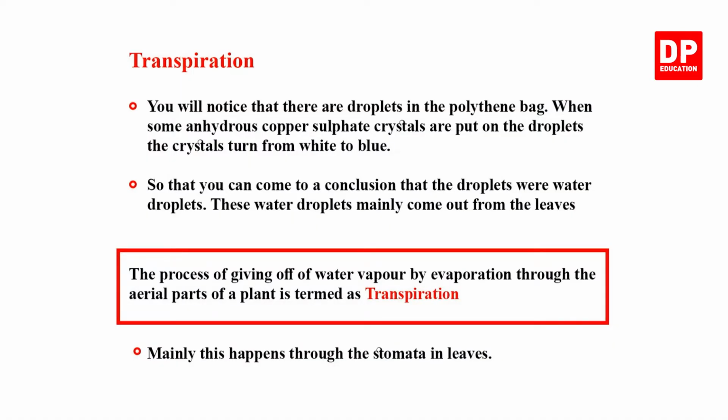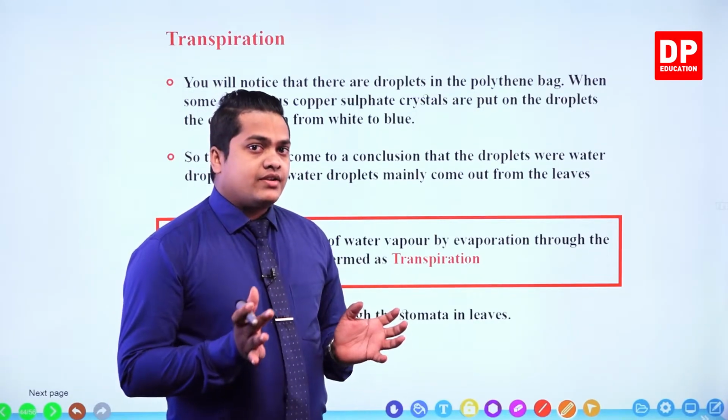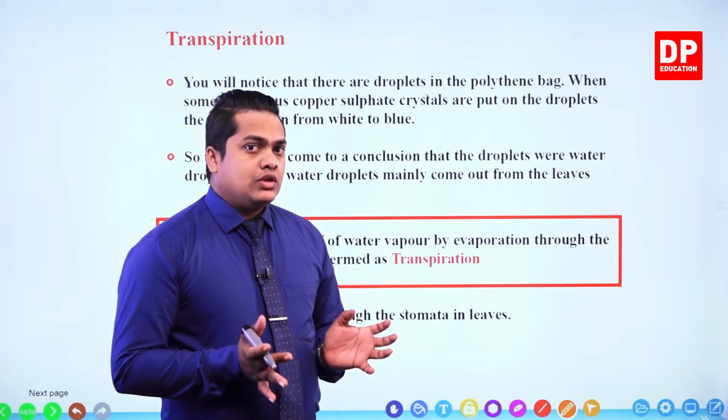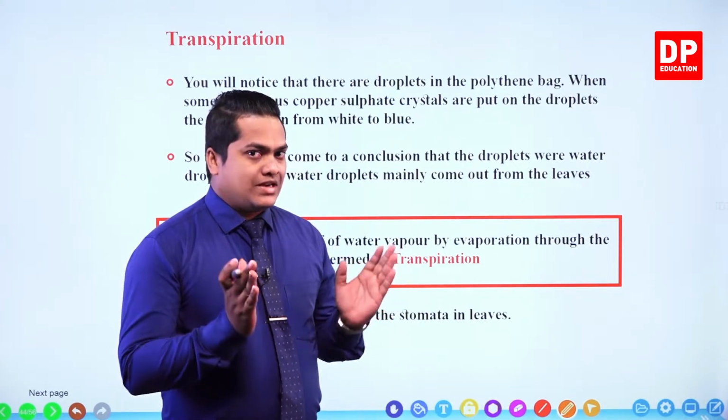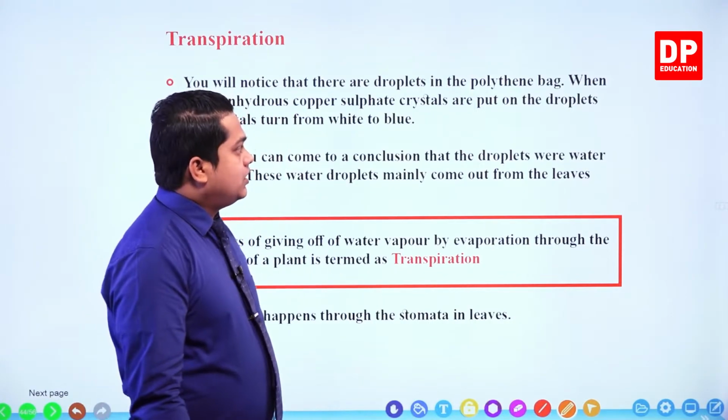So it is given that you will notice that there are droplets in the polythene bag when some anhydrous copper sulfate crystals are put on the droplets. Now when we add some anhydrous copper sulfate to those droplets, you could clearly see the color change from white to blue.